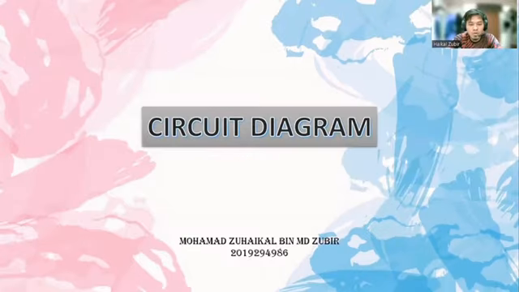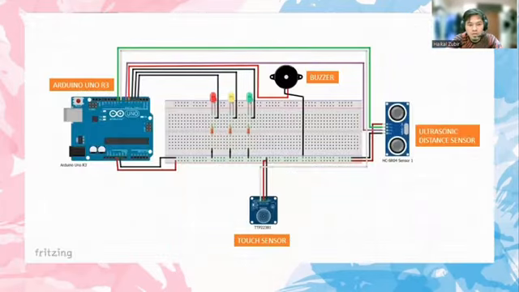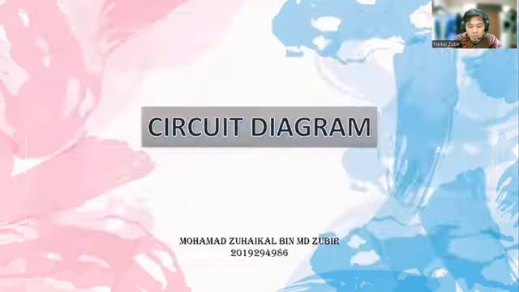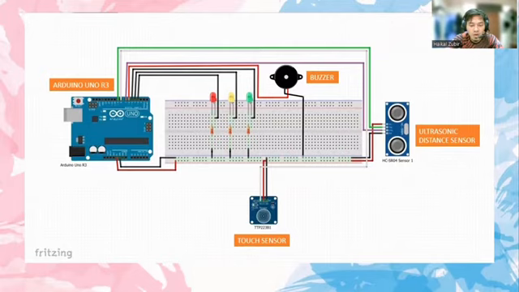So we will continue with the circuit diagram. My name is Muhammad Zuhaikal bin Muhammad Zubir. Now, as you can see here, we use two sensors, which are the touch sensor and the ultrasonic distance sensor. Here we use three colors of LED: green light for the safe indicator, yellow light for the warning indicator, and last one, red light for the danger indicator.